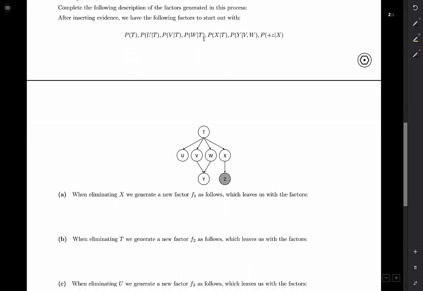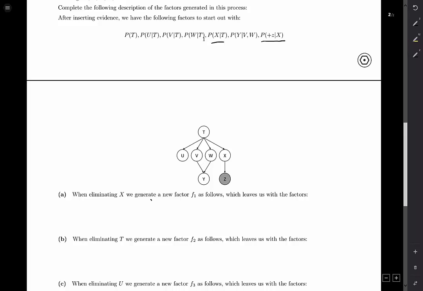Question A. When eliminating x, we generate a new factor f1, which leaves us with factors blank. So first, we need to generate the factor f1, which, because we're eliminating x, we need to look at every factor that involves x. So I'm going to underline them. I've seen x, x, and we just have 2 right there.